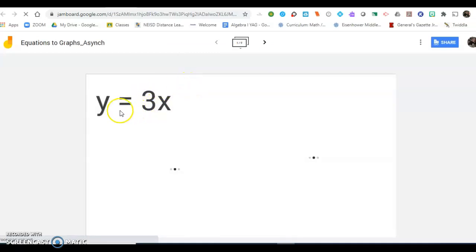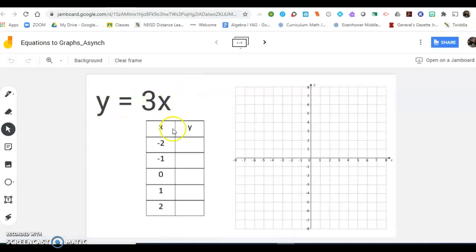Since this is the same equation that we did by hand, the first 2 x values are the ones that we solved for. So I'm going to plug in my outputs: -6 and -3.